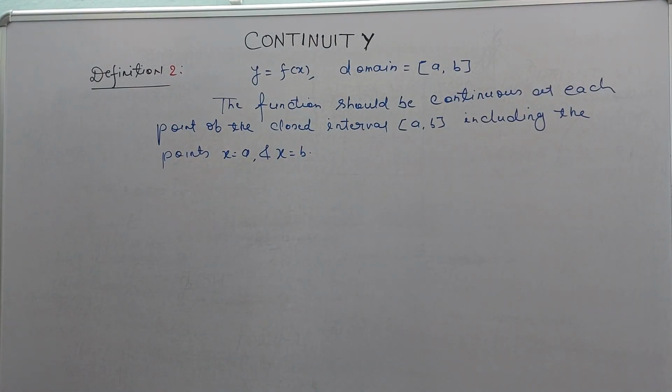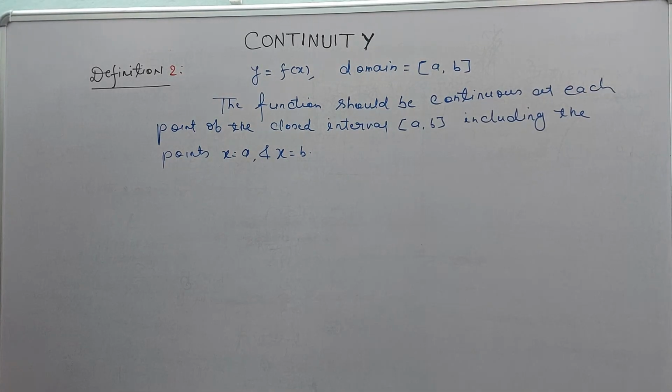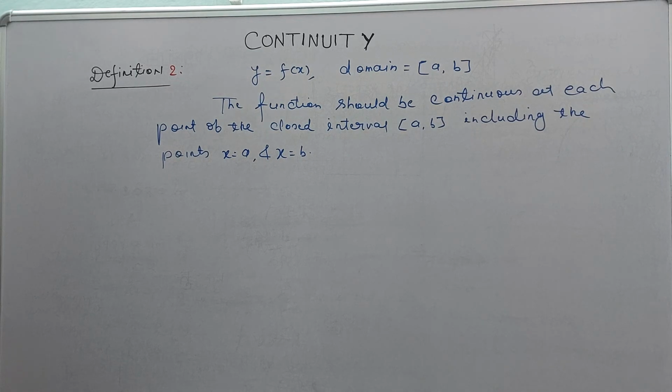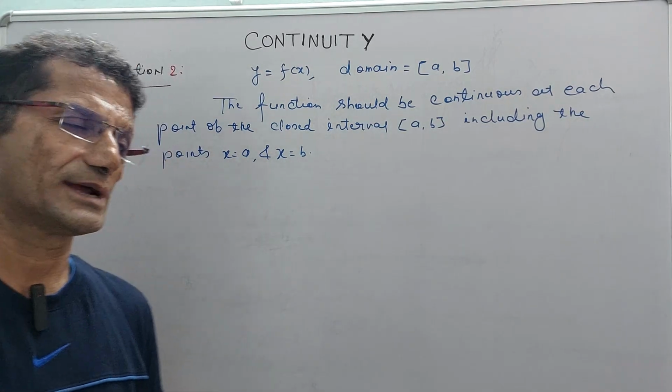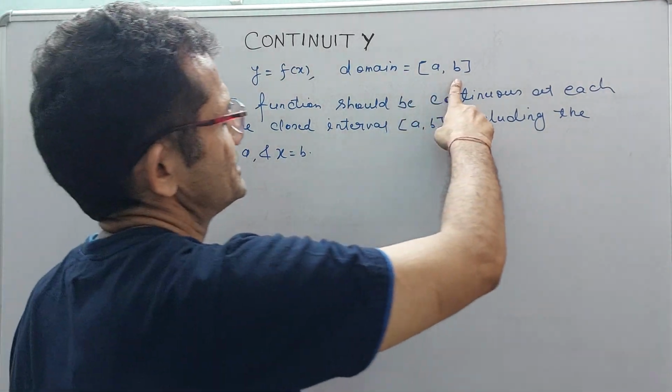Between a and b, it is already clear from definition one. For continuity, the left hand limit should be equal to the right hand limit, which is equal to the functional value. So between a and b there is no problem.